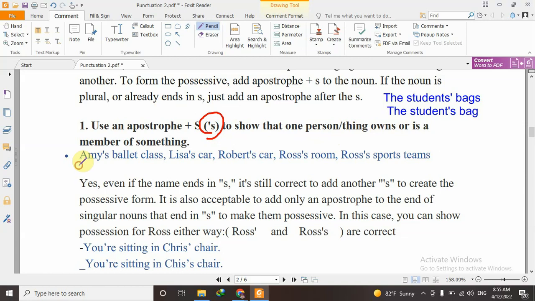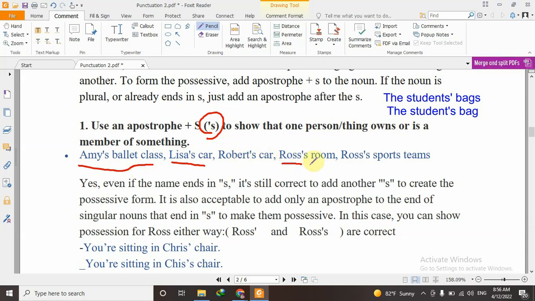For example, Ami's ballet class, Lisa's car. Look, Lisa ends with a. We put apostrophe and s to show that this is the possessive s. Robert's car, the same thing.